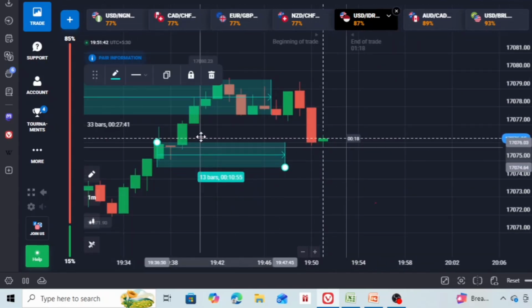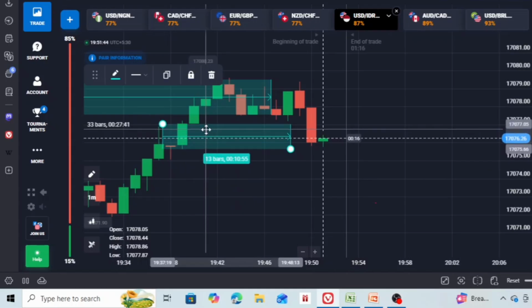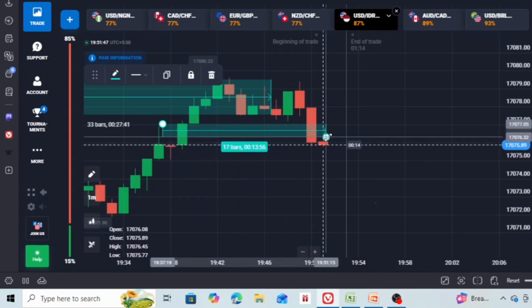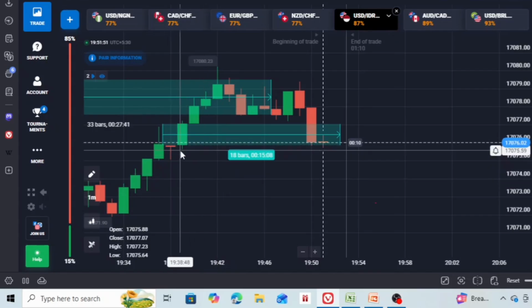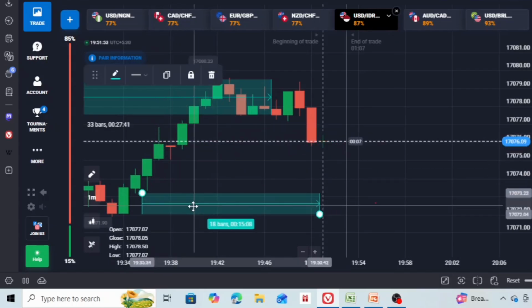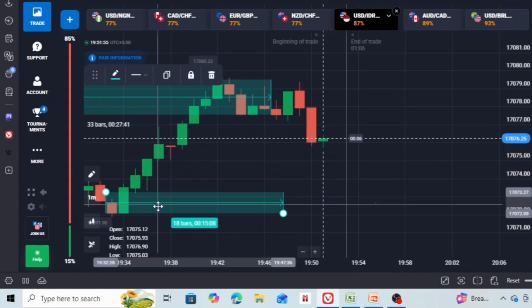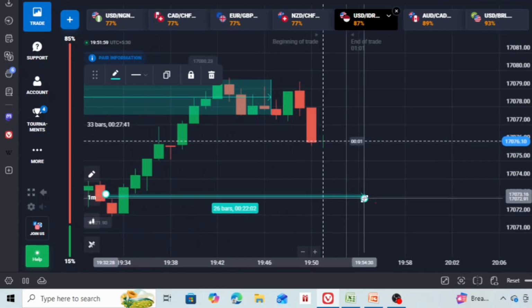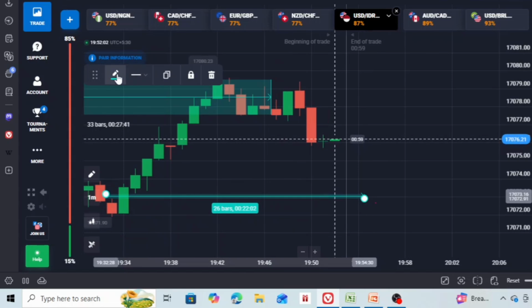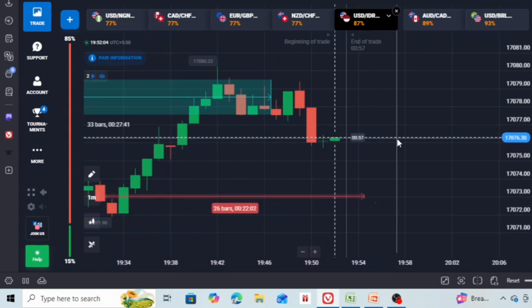Okay, so we have the gap here. Okay, this is the gap here. Okay, but this will be the extreme gap. This is the extreme gap here.